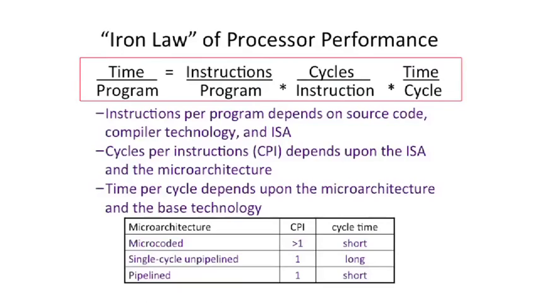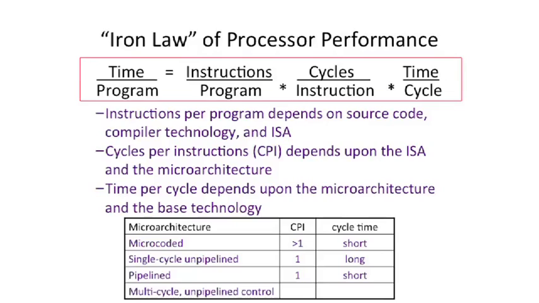And the clocks per instruction was 1, but unfortunately, the cycle time is long. We have to do all the work the microcoded instruction did over multiple cycles, but we need to do it in 1 cycle. So we have to add all those things together, and it's all additive. So we have a long cycle time. And then finally, we have a fully pipelined processor where the control is pipelined and the data path is pipelined. And here, the clocks per instruction coming out is 1, and the cycle time is short.